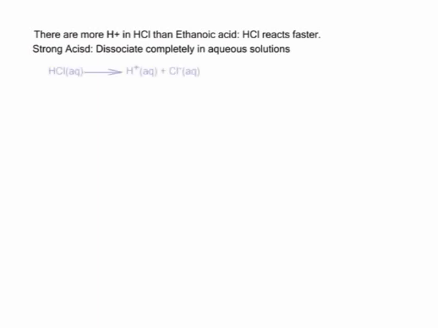For example, aqueous hydrochloric acid dissociates completely into hydrogen ions and chloride ions. Now the complete dissociation is indicated by the forward arrow. That arrow indicates that that reaction only proceeds in the forward direction. Now weak acids like ethanoic acid dissociate partially in aqueous solution.